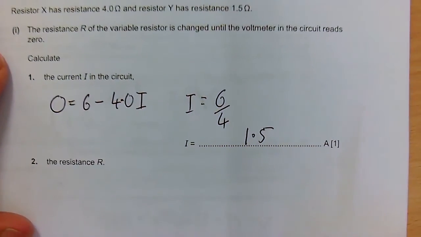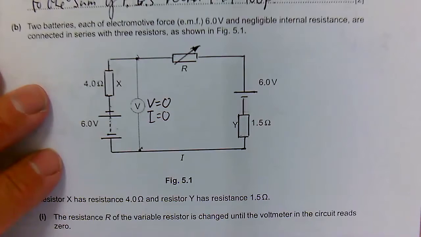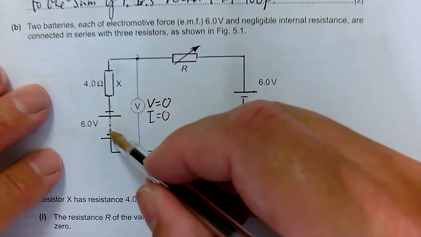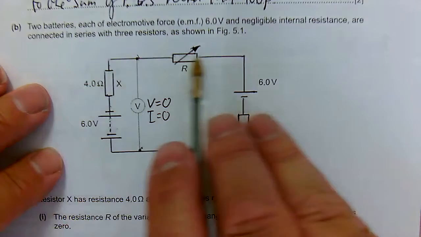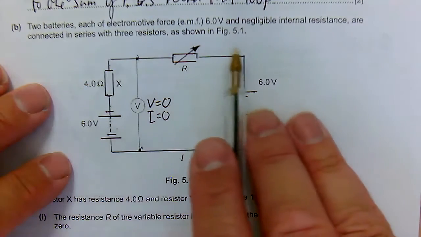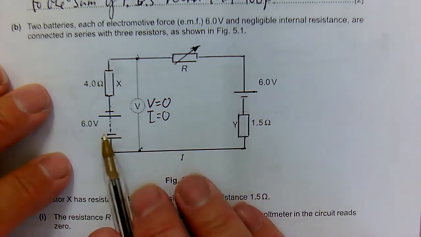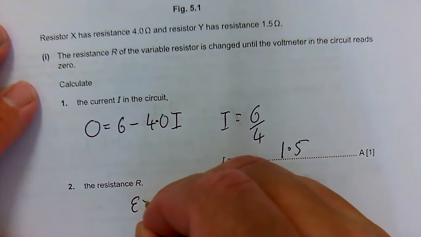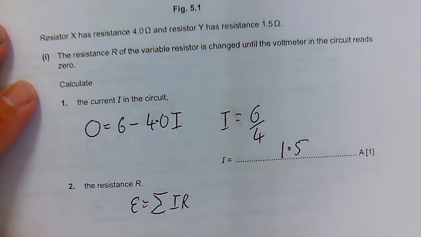It then says you have to calculate the resistance R. So we're going to continue using the loop law. This time we're going to use the outer loop here. In this outer loop, you've got this EMF here, and this battery is pointing the same way. It's reinforcing, so the total EMF is 6 plus 6. The total EMF is the sum of the current times resistances for the whole circuit.